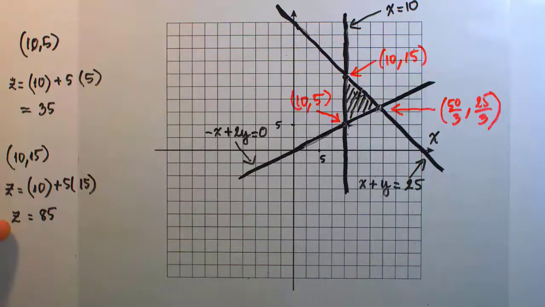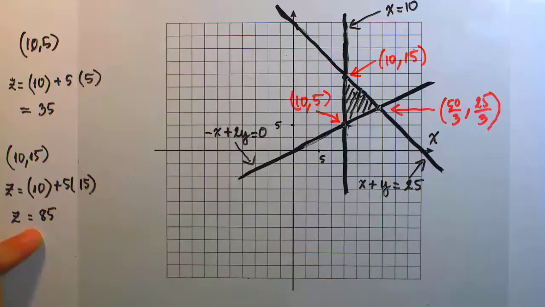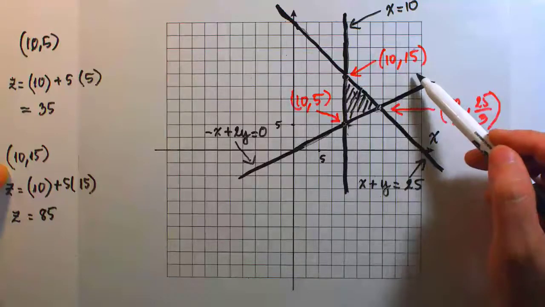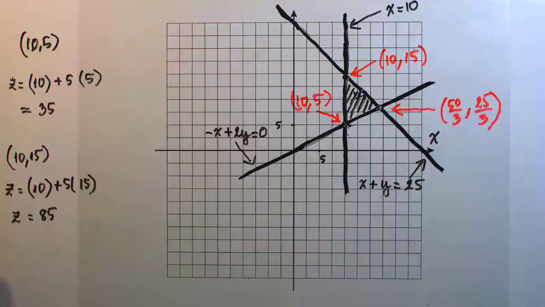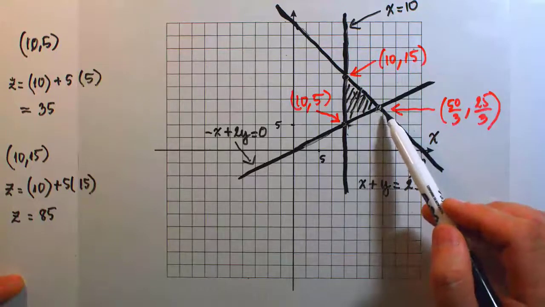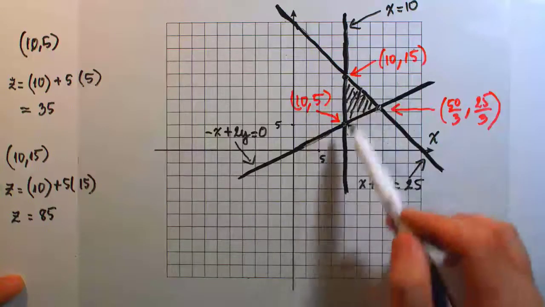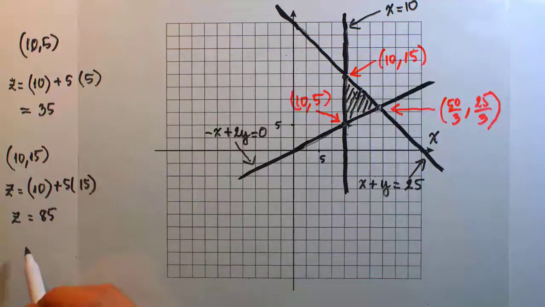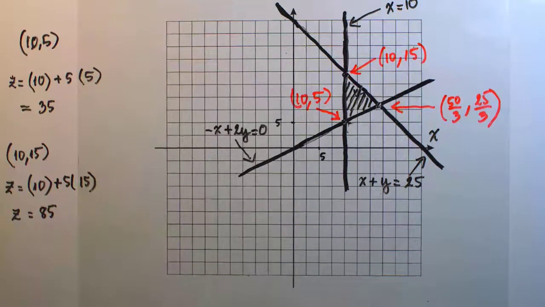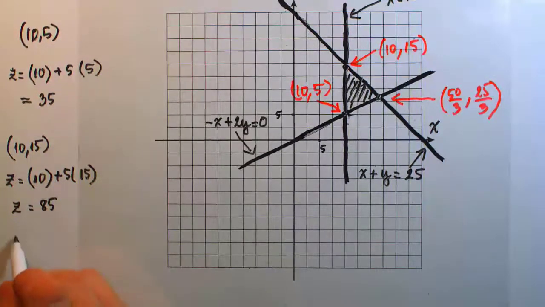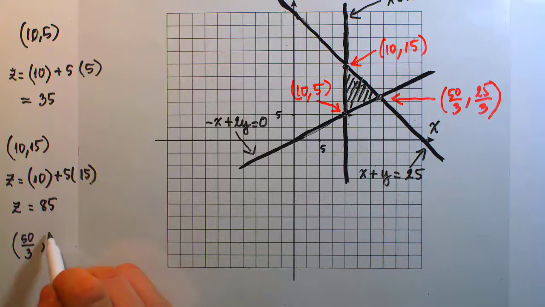So we have another output value for z at the corner point 10, 15. And then our third corner point, which is also our last corner point of this feasible region, happens at 50 over 3 for x and 25 over 3 for y.